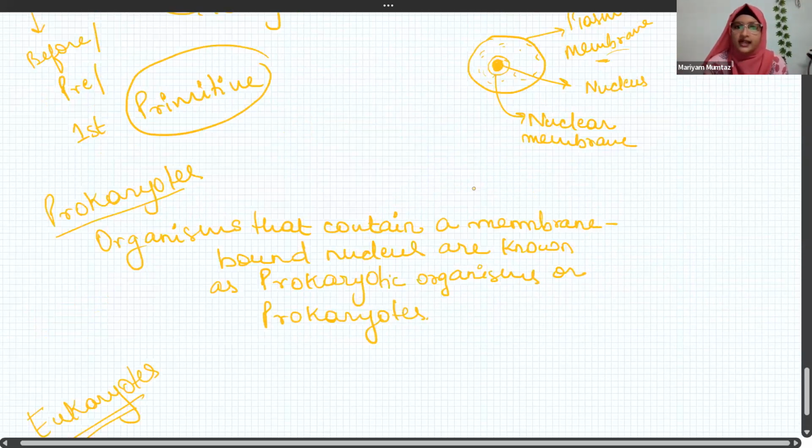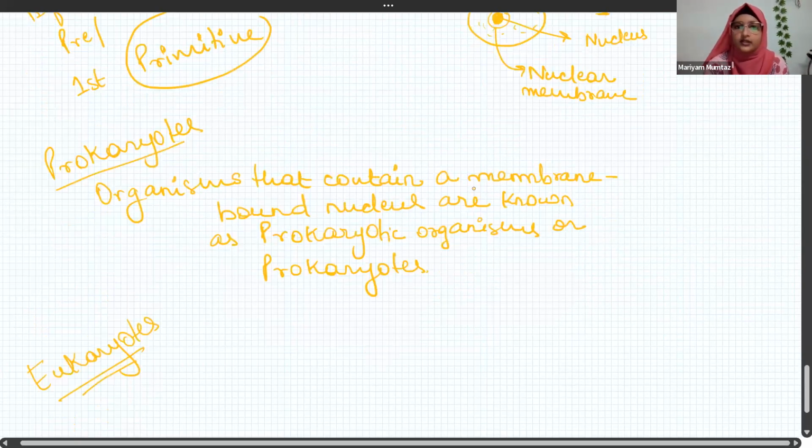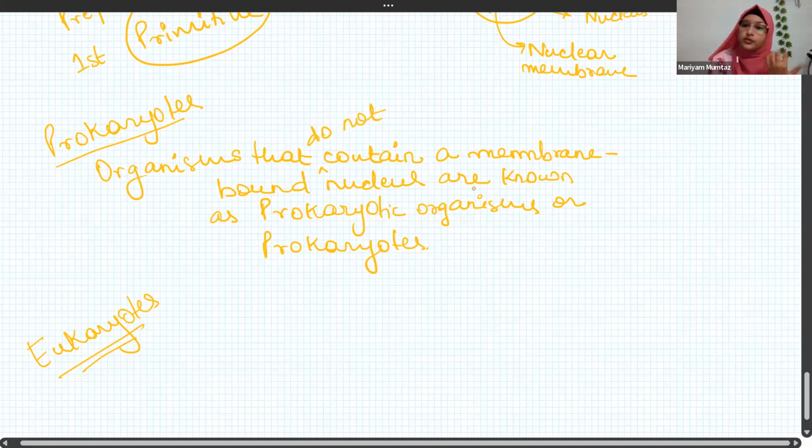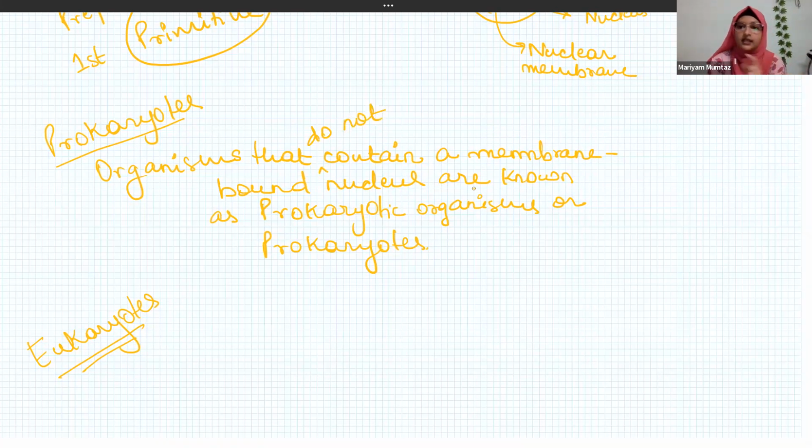So, prokaryotes, since they are the most primitive organisms, do not contain a membrane. But eukaryotes are the organisms that contain this membrane-bound nucleus.